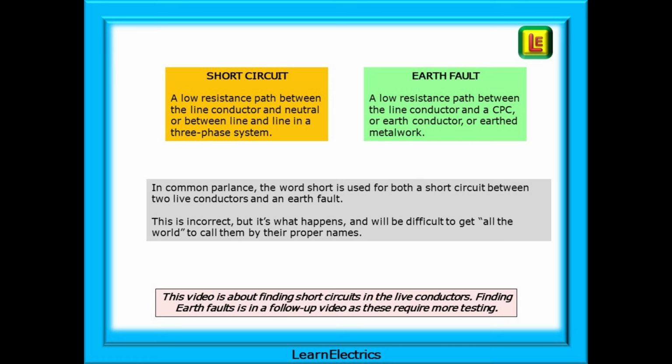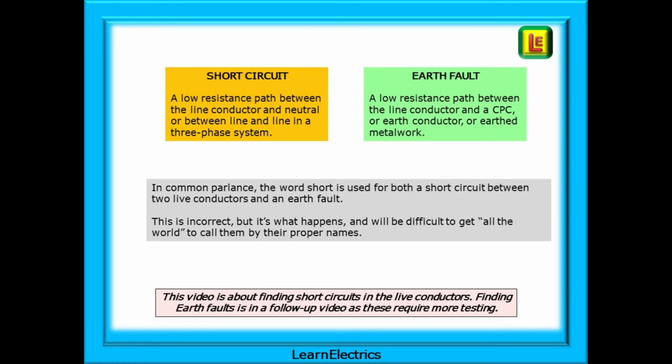A quick recap on naming conventions. It matters in assessments, and some of what we've done here may be asked of you in practical assessments. A short circuit is the low resistance path between the line conductor and neutral, or between line and line in a three-phase system, whereas an earth fault is a low resistance path between the line conductor and a CPC or earth conductor, or some earthed metalwork.